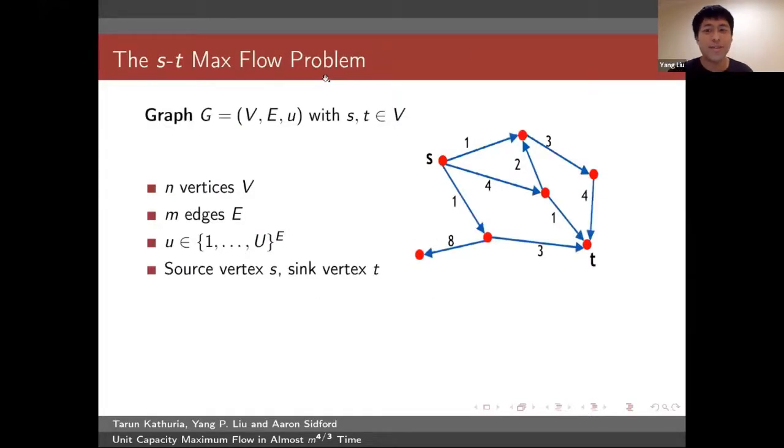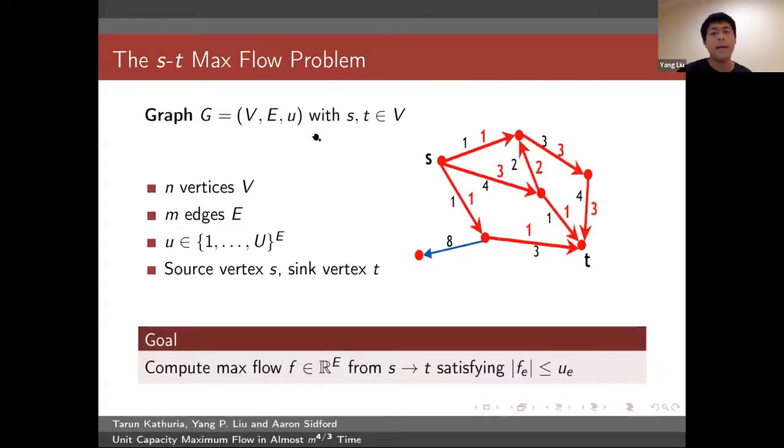To get started, I want to remind everyone what the ST max flow problem is. In this problem, we have a graph G with n vertices, m edges, and every edge is a directed edge with a capacity U. Our goal is to send flow from S to T such that the flow on every edge is at most its capacity and satisfies a couple of other demand conditions.